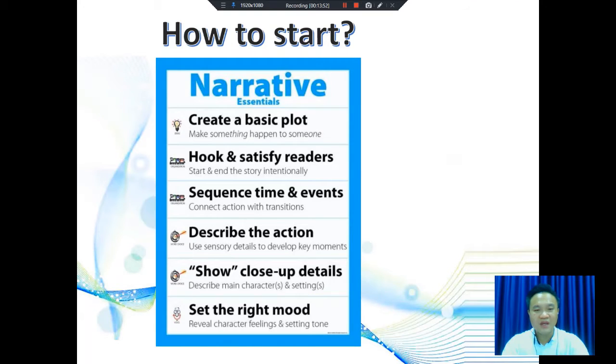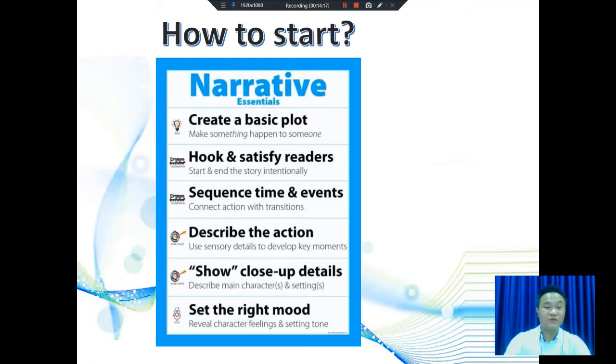Make something happen to somebody, and of course make sure you read the title of the essay carefully and understand it first. Next, make sure that the story you write is able to hook and satisfy readers. The next thing is the sequence of your time and events.